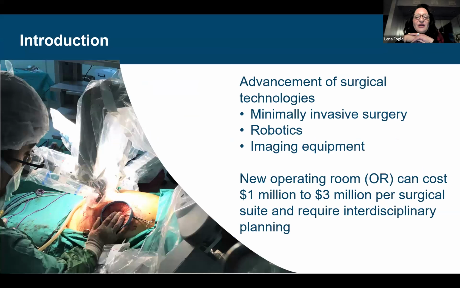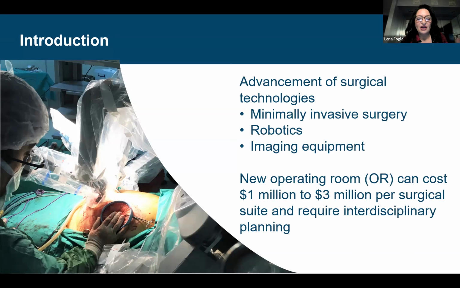We've had a very rapid advancement of surgical technologies, including, as we all know, MIS surgery, robotics, advanced imaging equipment. We are seeing MRORs going up all over the place, of course, hybrid suites, et cetera. And it's causing a lot of hospitals to think through a redesign of their surgical suites to accommodate this new equipment.